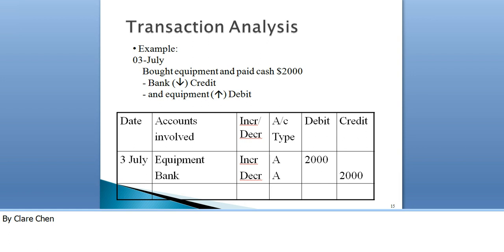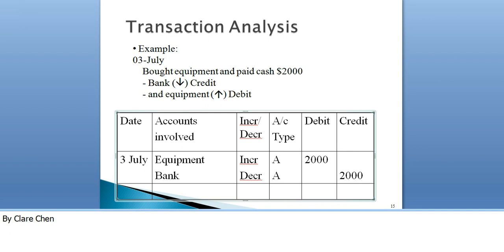And equipment is going to increase, so we will debit the equipment account. On the 3rd of July here, equipment increase, asset, $2,000 is going to be written under the debit side. And the bank decrease as an asset, so therefore we will credit $2,000. We'll write $2,000 under the credit column for the bank.